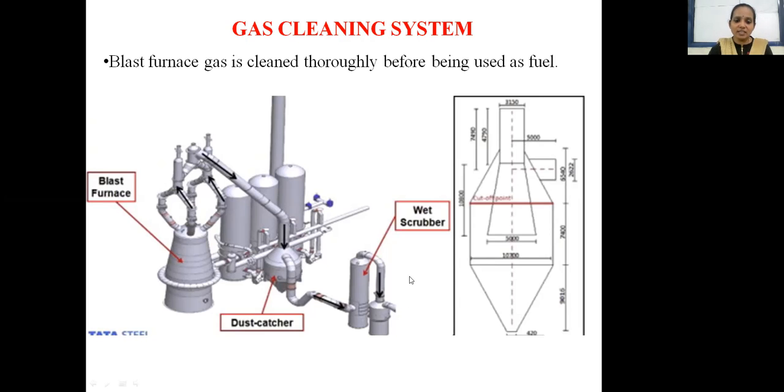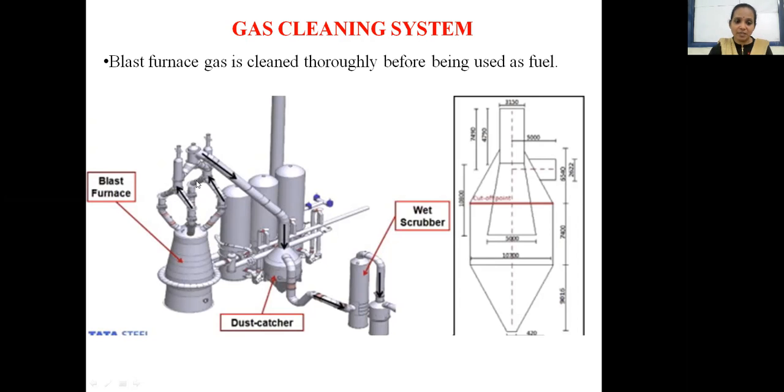Here you can see the assembly of the gas cleaning system: the dust catcher, wet scrubber, and ESP, the gas cleaning unit. Here in the picture, this is the blast furnace.